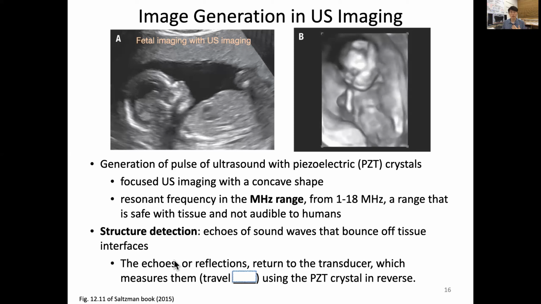And that echo or wave reflection, which returns back to the transducer, we measure the travel time by using the PZT crystal in reverse. This is quite interesting. We use piezo for generating sound, okay? Generating sound, and that sound goes and hits the interface, and then it reflects back.